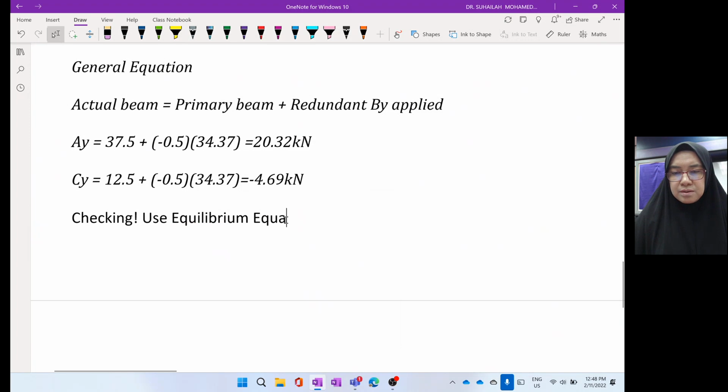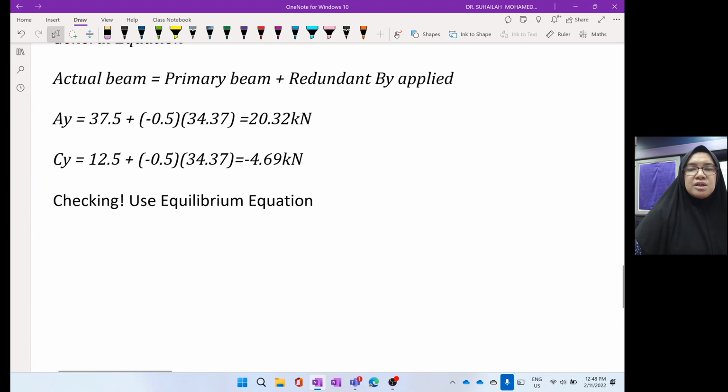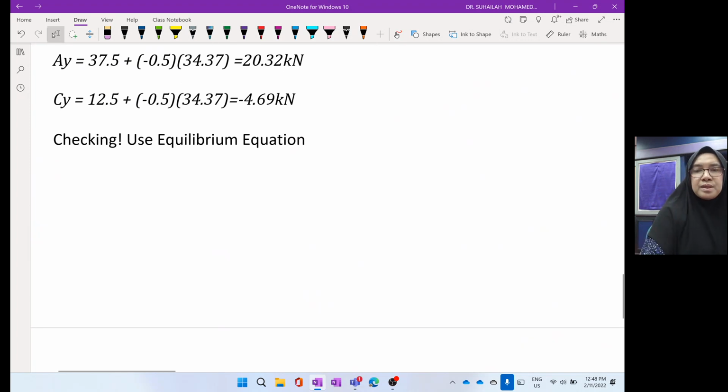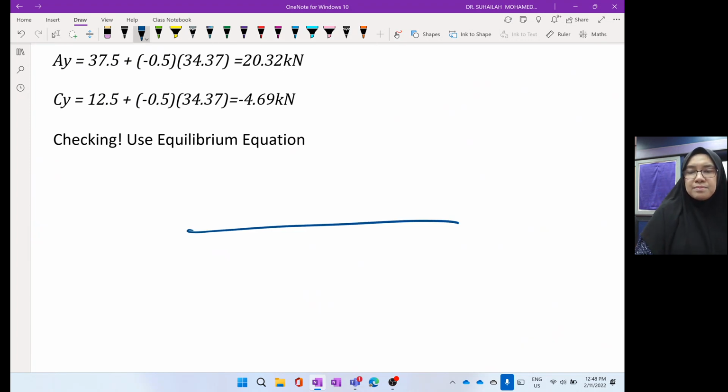How to check using equilibrium equation? Draw the diagram.